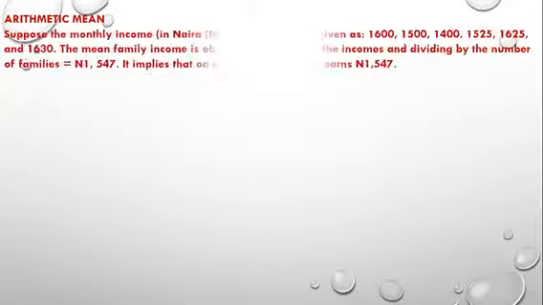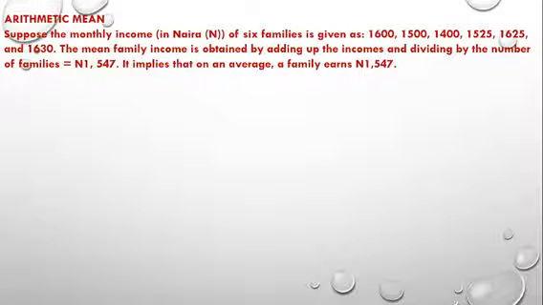So now, let's assume we have 6 families, and the monthly income for these 6 families: one family makes 1,600, the other 1,500, the other one 1,400, 1,525, 1,625, and 1,630. This is what each of these families earns per month.